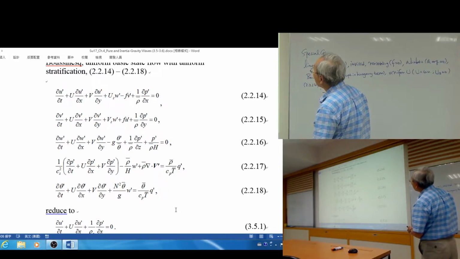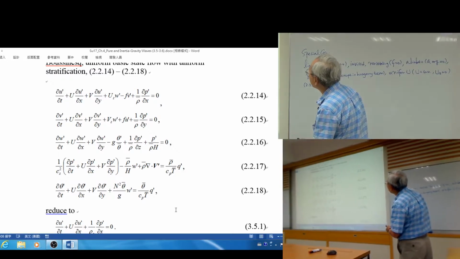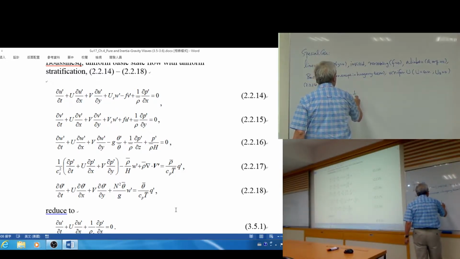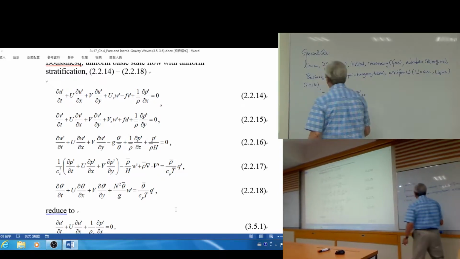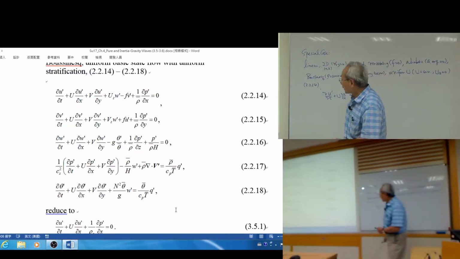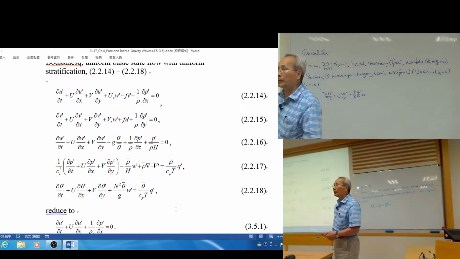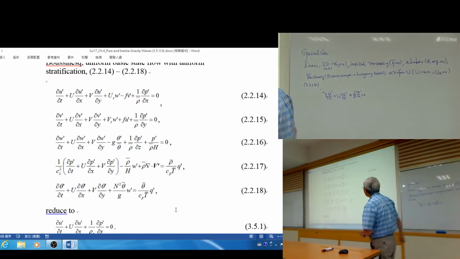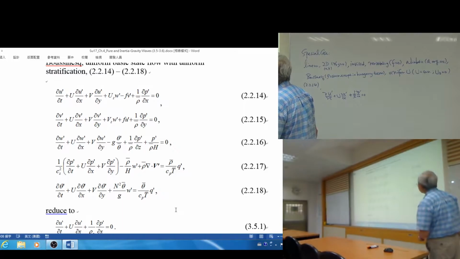And then f is 0, no rotation. And then here, this term becomes plus 1 over rho naught dp prime dx equals 0, because rho bar normally is a function of height, but since we assume Boussinesq, this rho bar becomes rho naught, a constant.